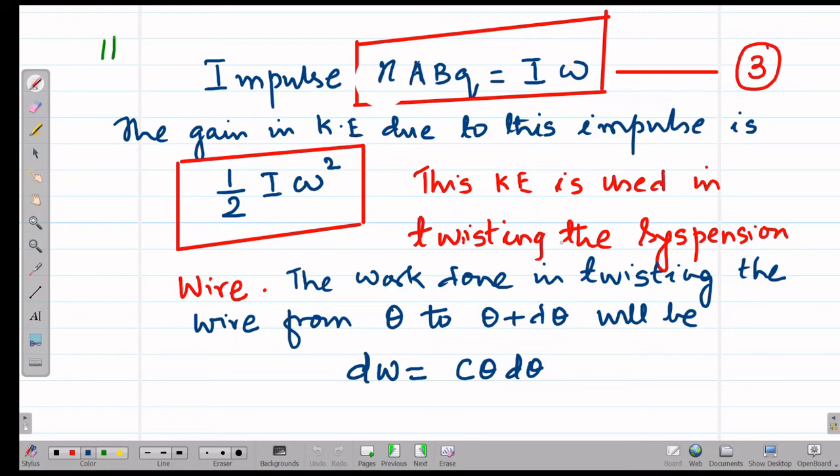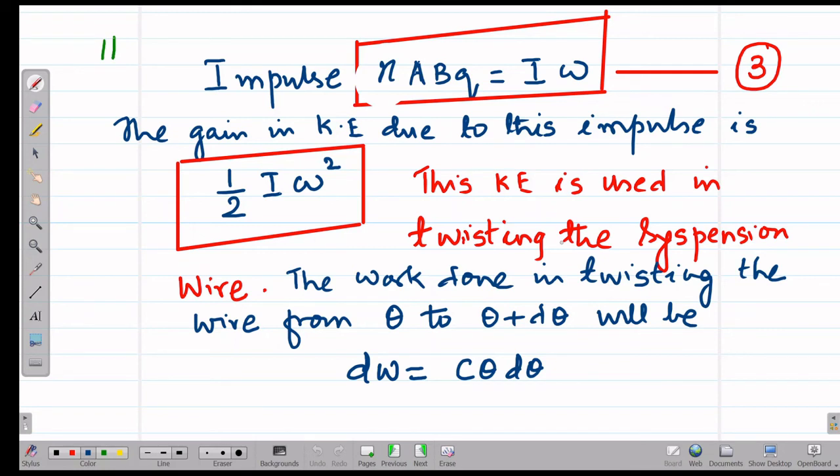When the coil is getting twisted, remember it is suspended by a wire. The wire also gets twisted. So as the wire is getting twisted, because of elastic properties of the wire, internally there will be another torque which will come into play, which will oppose this twist. And that is called the restoring torque.